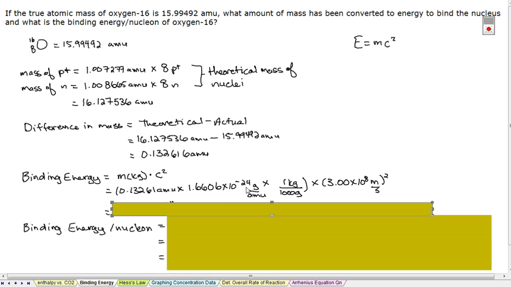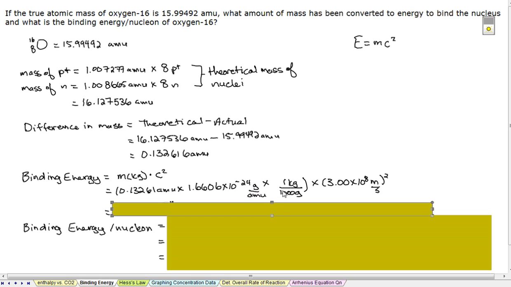That's how many grams are in one atomic mass unit. So we multiply these two things together, and that'll tell us the difference in mass in terms of grams. But for Einstein's equation to work, we have to convert that one more time into kilograms. So we multiply by a factor of 1 over 1,000. 1 kilogram requires 1,000 grams.